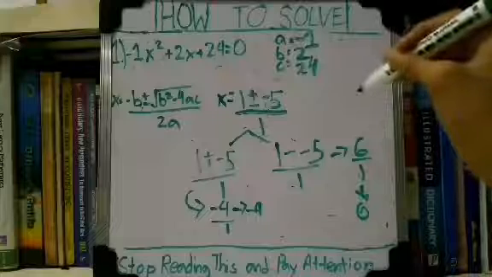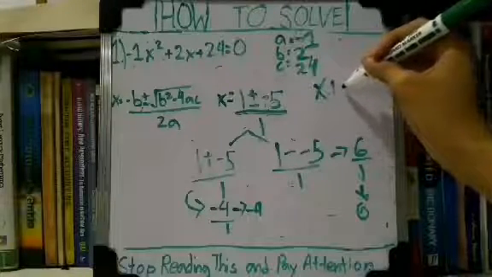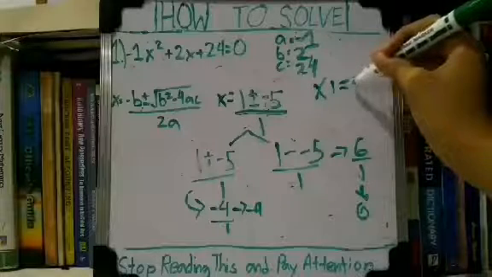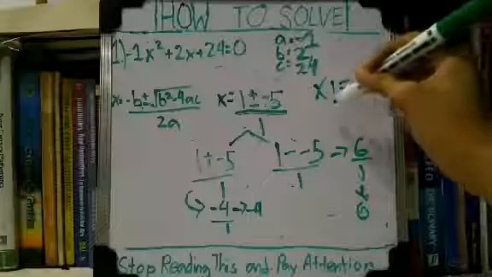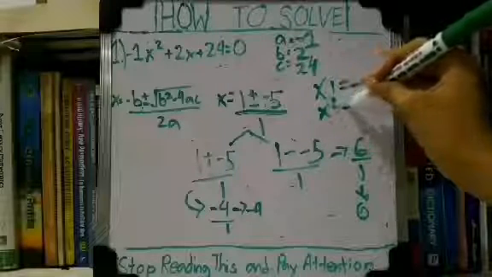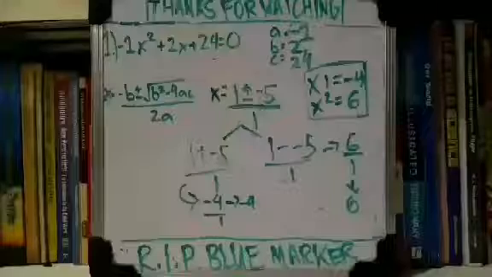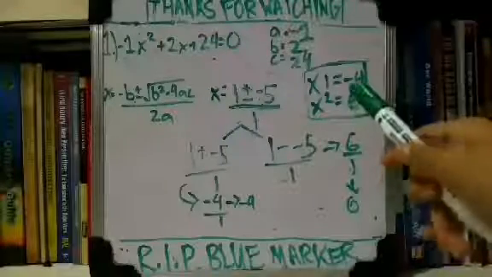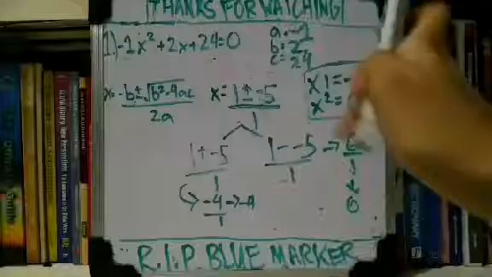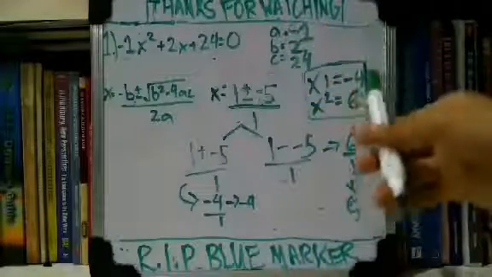So finally, we place our answers. With x1, specifically for the plus, we have negative 4, and x2, specifically for the minus, we have positive 6. Here we have two values of this quadratic equation. We used the quadratic formula, and because of it, we finally got our two answers.